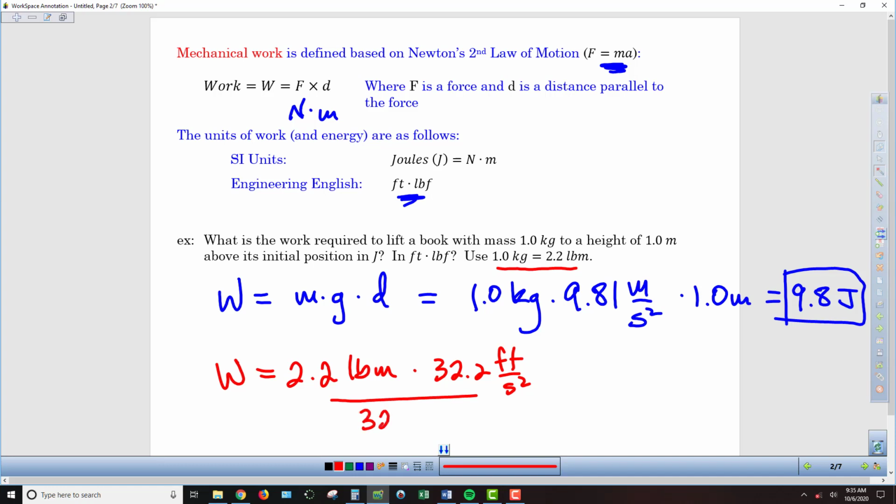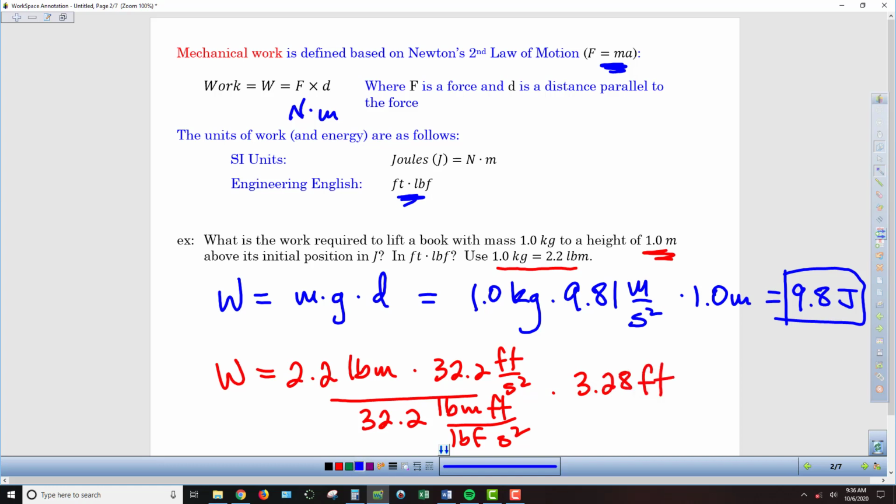So we're going to have that 32.2 pound mass feet over pound force second squared. Don't want to overlook that. And then of course we're going to multiply that times the distance. So we're moving at a height of 1 meter. So for our conversion from meters to feet, the equivalent of 1 meter is 3.28 feet.